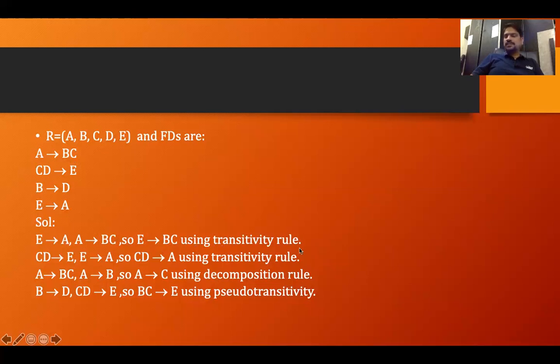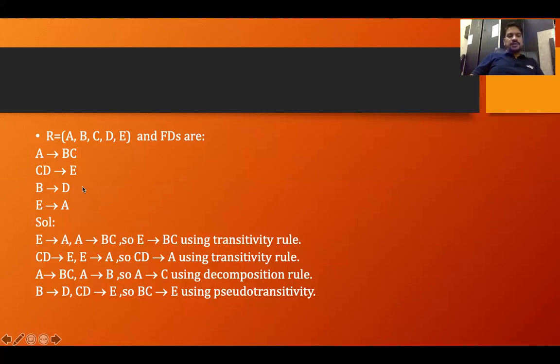With the transitivity rule, the third rule of Armstrong inference rule, which is A3 rule, called transitivity rule. Again, CD determine E, E determine A. Can we say CD determine A? Yes, we can say that. That is using transitivity rule again.